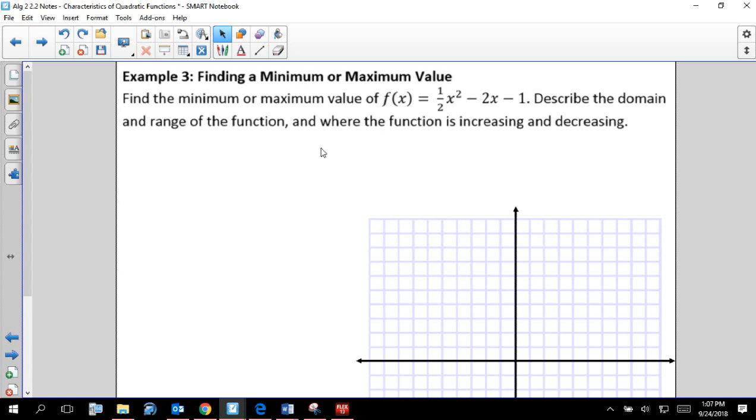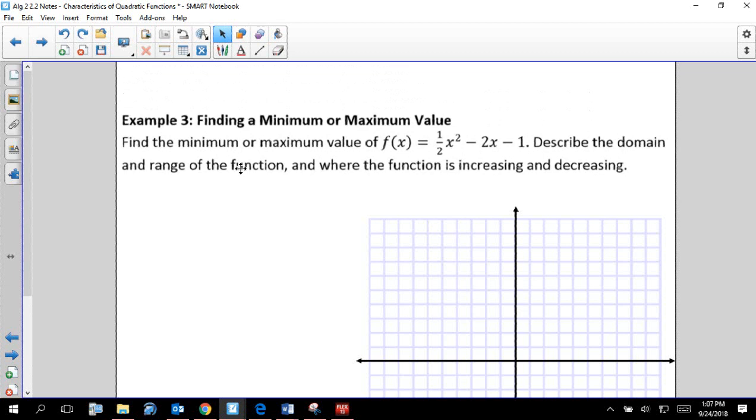Find the y-intercept, right. And remember, this equation is in the form of ax squared plus bx plus c. Remember that is the form? So when it's in that form, we find our axis of symmetry and our vertex a little bit differently than in a different form.